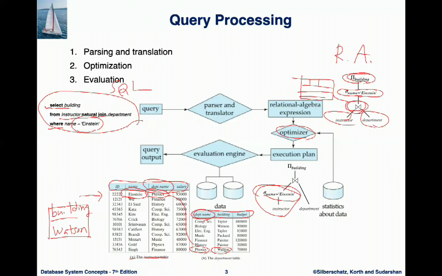And given this only one single record, we are going to find the relevant records from the department table. Basically, it's just like this. From the instructor table, we get the record having Einstein, and we know that the department name is physics. Therefore, we look for the record in the department table having physics as the department name, and we just put those records together, and then we output the building.